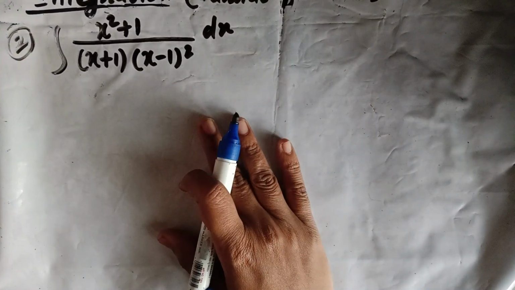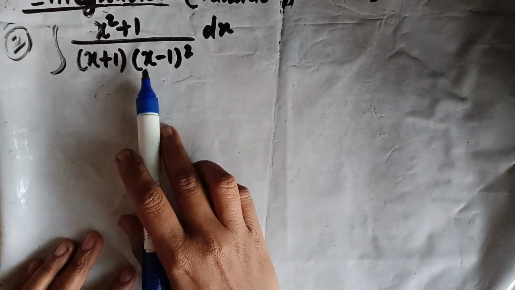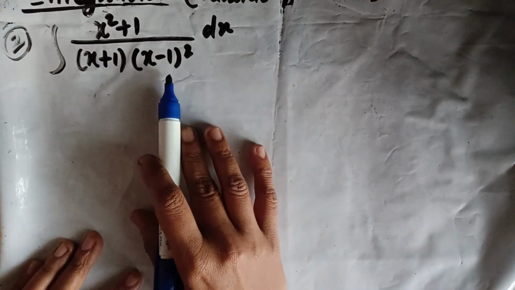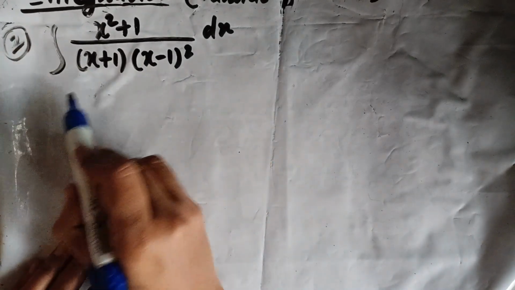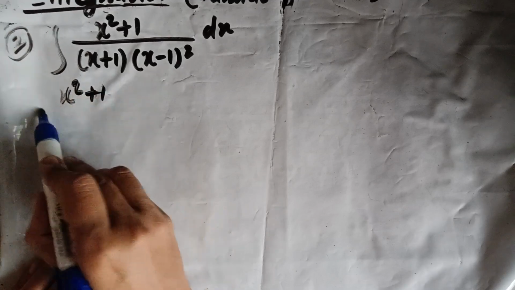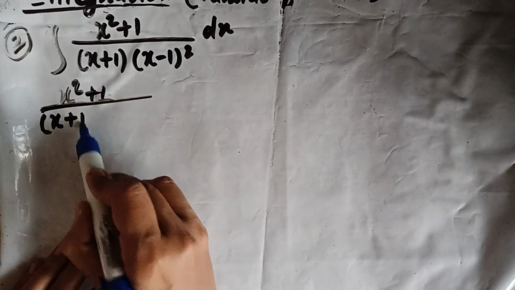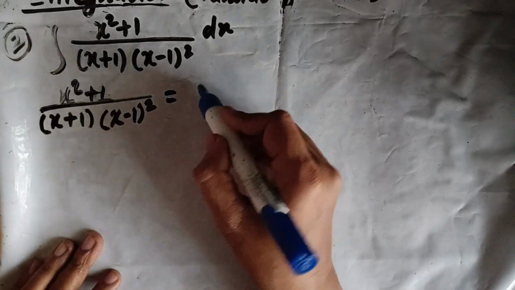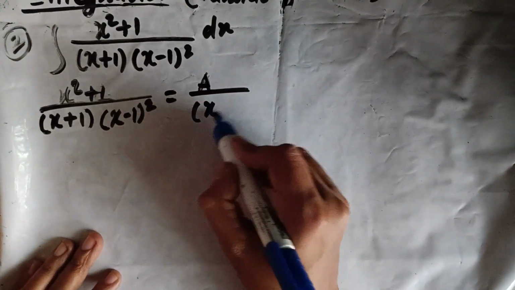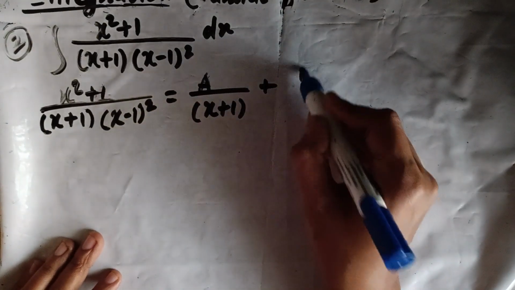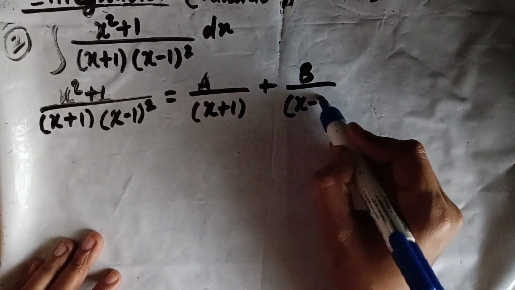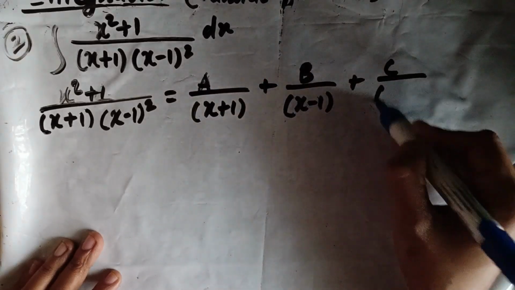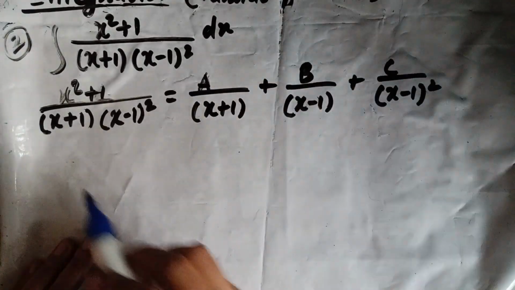Let's solve this. So here there is an x minus 1 the whole square term in the denominator. So this becomes A upon x plus 1, B upon x minus 1 and C upon x minus 1 the whole square.